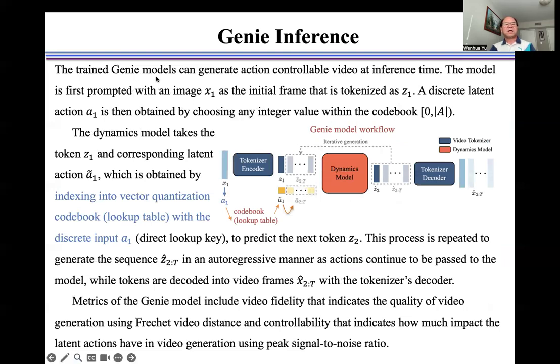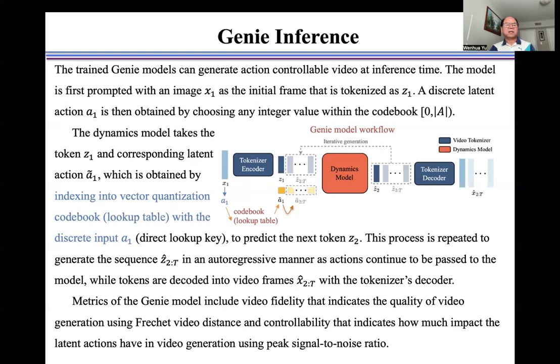The trained Genie model can generate action-controllable video at inference time. The model is first prompted with the image x1 as an initial frame that is tokenized as z1, as shown here. A discrete latent action a1 is then obtained by choosing any integer value within the codebook.